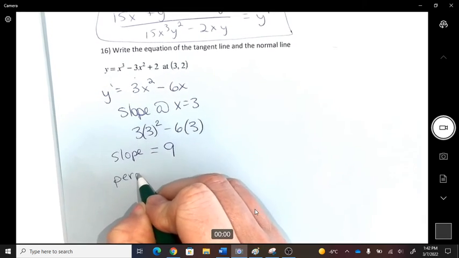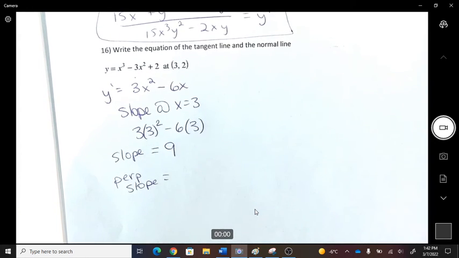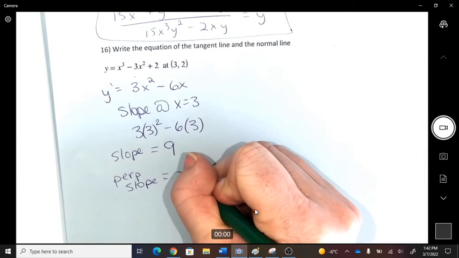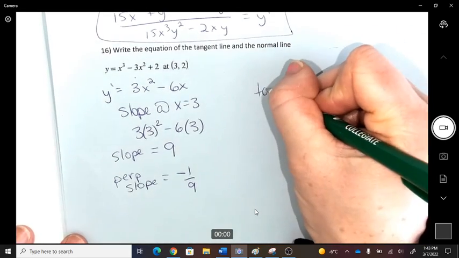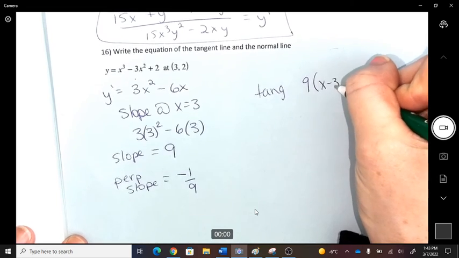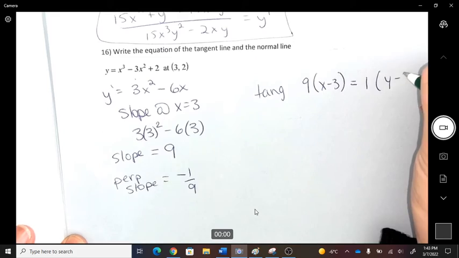What is the perpendicular slope, by the way? If I wanted the perpendicular slope of that slope. You remember how to do it? Reciprocate, negate, flip it. Okay, so the tangent line will be y minus 2 equals 9 times x minus 3.